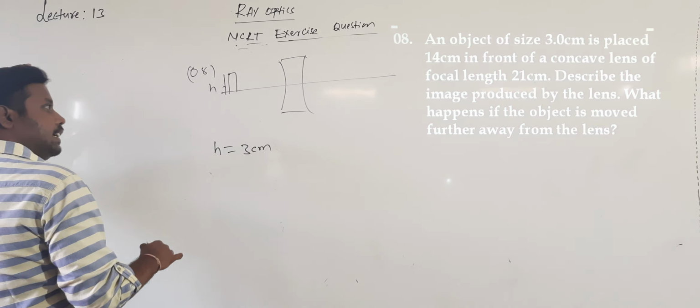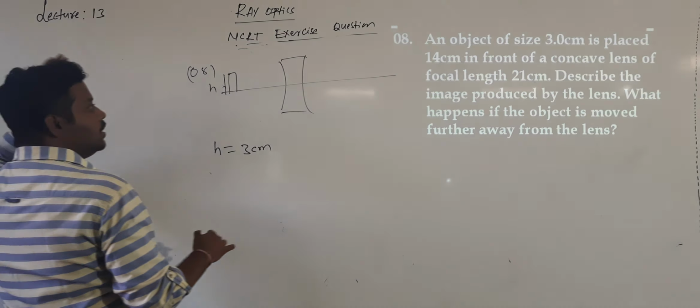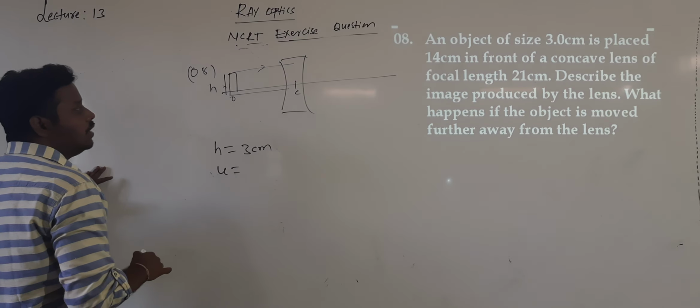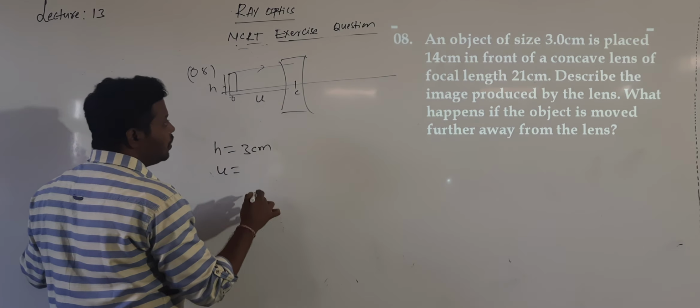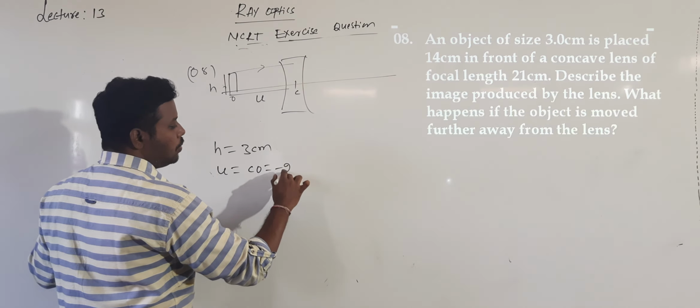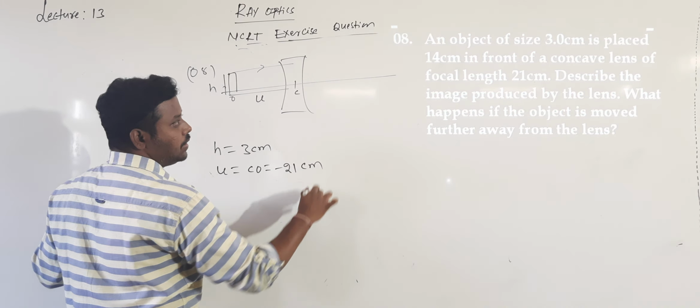The object is placed at a distance of 14 centimeters. What is this distance value? U. So actually the light ray was incident here. Here is the center of curvature. Here is the object. So U is equal to CO, that is measured in the direction opposite, so minus 14 centimeters.